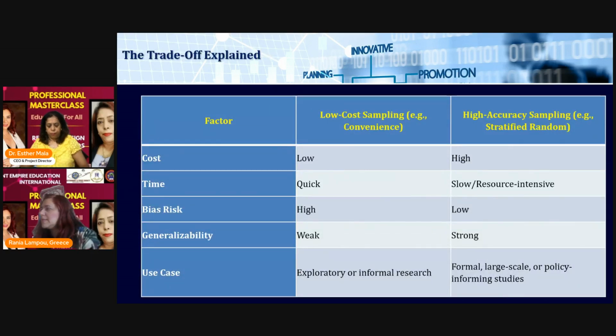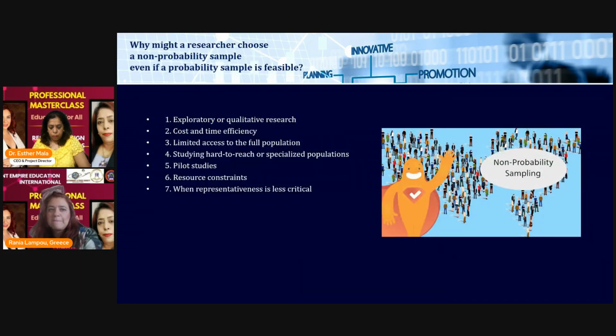So the trade-off: in terms of cost, we have low cost for low-cost sampling and high cost for high accuracy sampling. In terms of bias risk, generalizability is weaker for low-cost sampling and strong with high accuracy sampling. As for use case, low-cost sampling is used in exploratory research, and high accuracy sampling for formal large-scale or policy-forming studies.